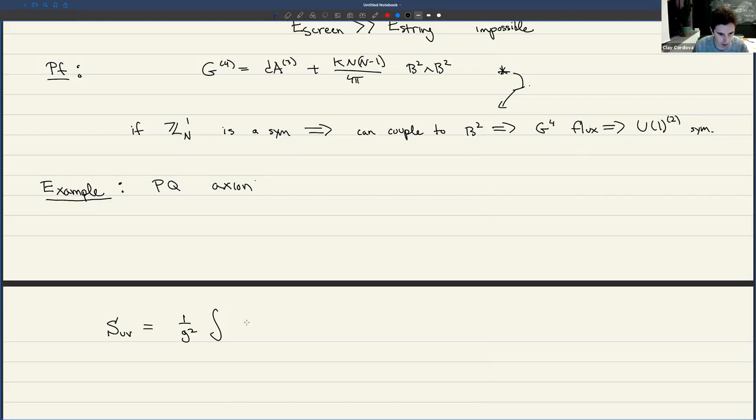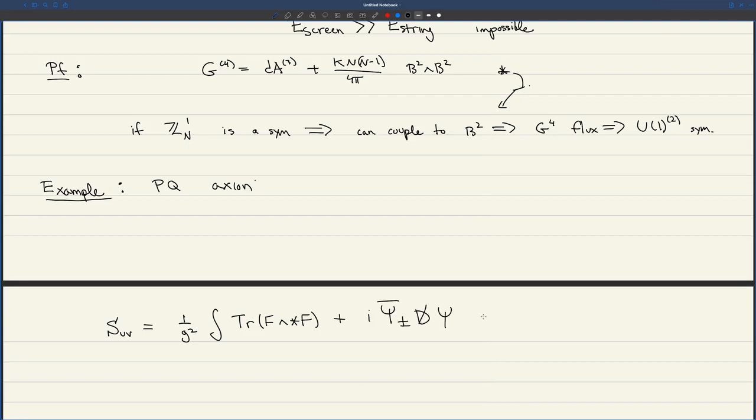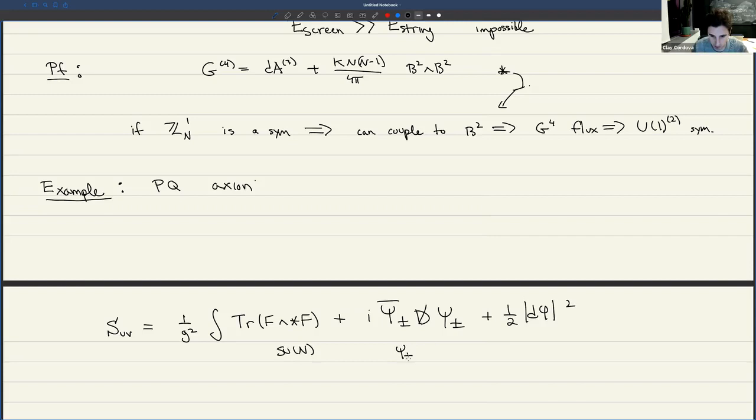So let's look quickly at this Peccei-Quinn example. Let me just write the action. We have SU(N) gauge fields. We have psi plus and minus, which are Weyl fermions in the fundamental and anti-fundamental respectively.